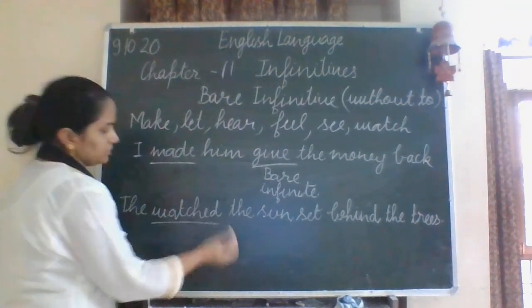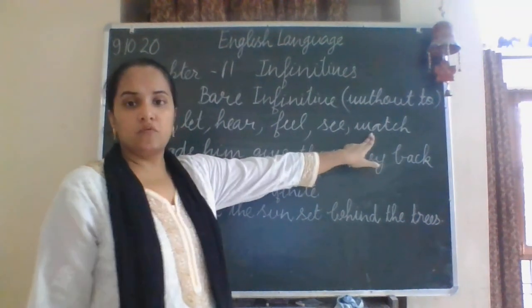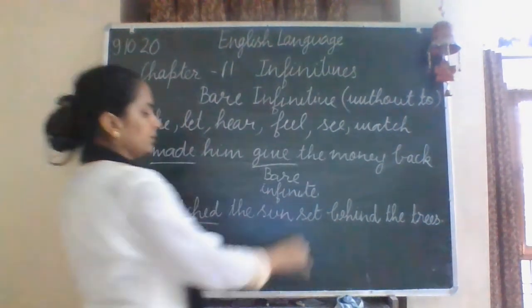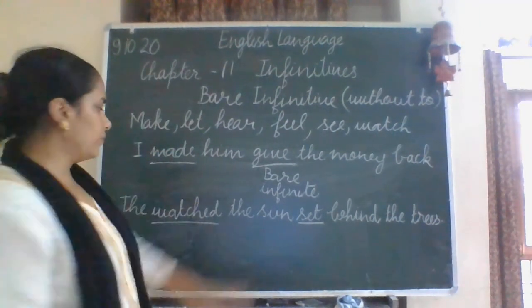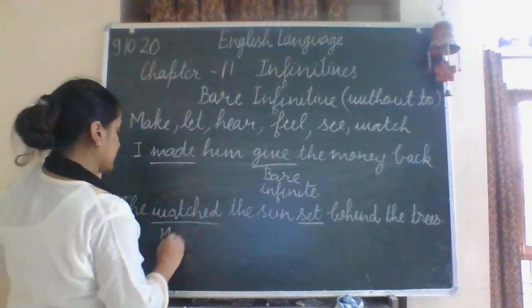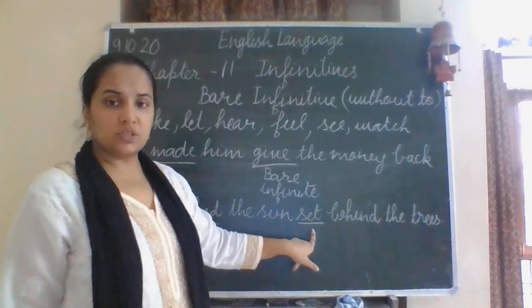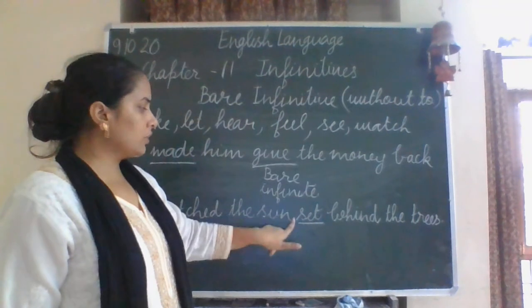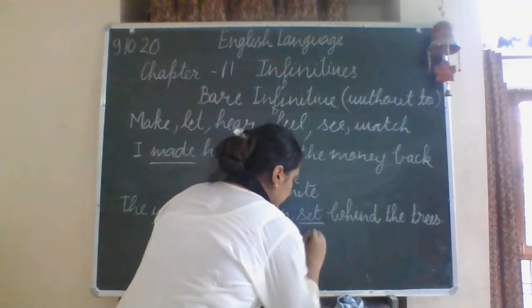Now this watched is the second form of the base verb watch, and this set is another verb which is used in the sentence. This is the main verb. This is another verb which is used in the sentence, and we did not use to here. That's why this is the bare infinitive.